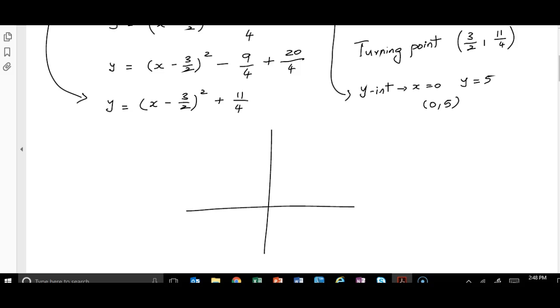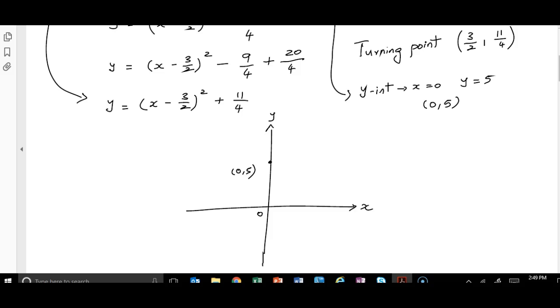Draw a Cartesian plane, label our axes and the origin. We mark our y-intercept, which is 0, 5. Now the turning point x coordinate is 3 on 2, which is equal to 1.5, and the y coordinate is 11 on 4, which is equal to 2.75.